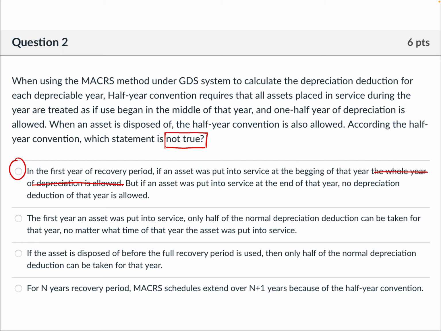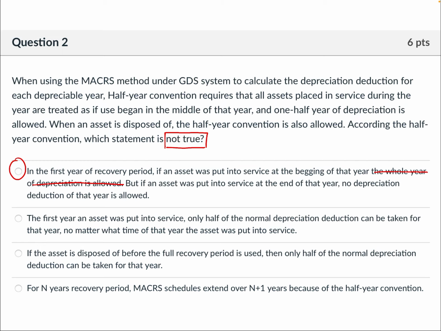Let's take a look at the second one. The first year an asset was put into service, only half of the normal depreciation deduction can be taken for that year. Correct. No matter what time of that year the asset was put into service. Right. If the asset is disposed of before the full recovery period is used, then only half of the normal depreciation deduction can be taken for that year.